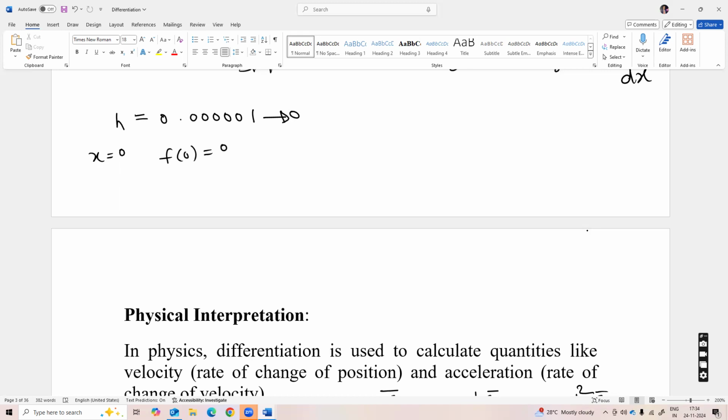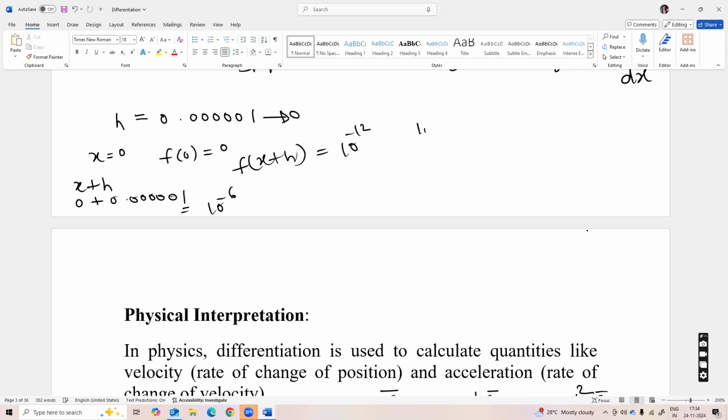Now you have increased the value of x by h, so you write it as x plus h. But your x is already 0 and h is very small. In this case, f of x plus h will be, since h is like 10 to the power minus 6, and when you take its square, 10 to the power minus 12.